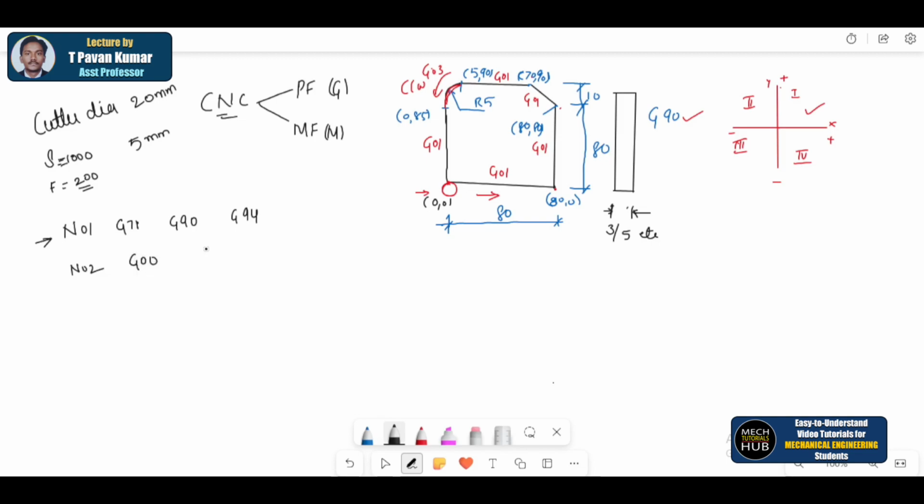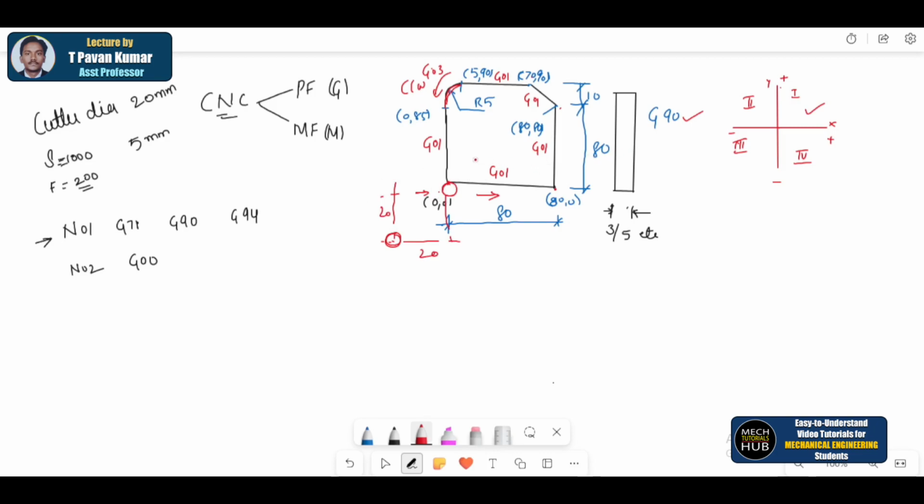Let us imagine I have placed this tool somewhere near the origin, but the tool initially is at some offset distance. What is the distance? Let us take 20 by 20, 20 in x, 20 in y direction.